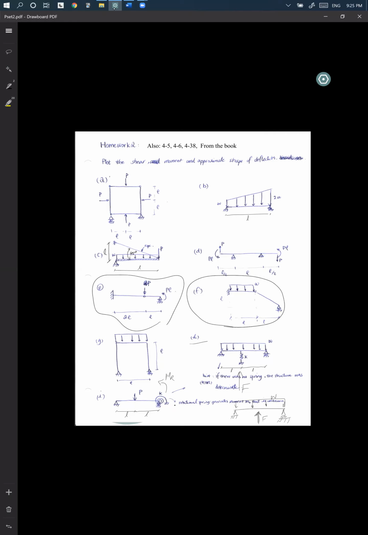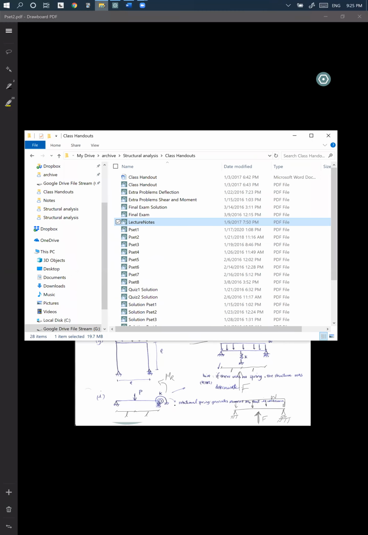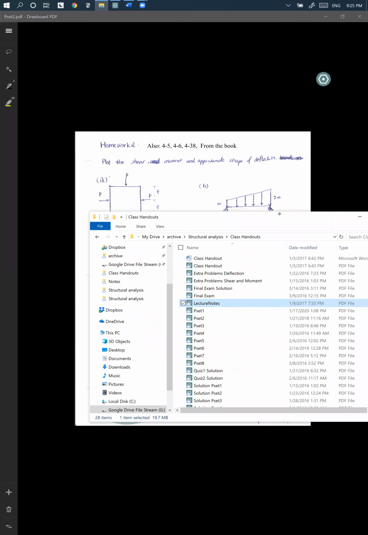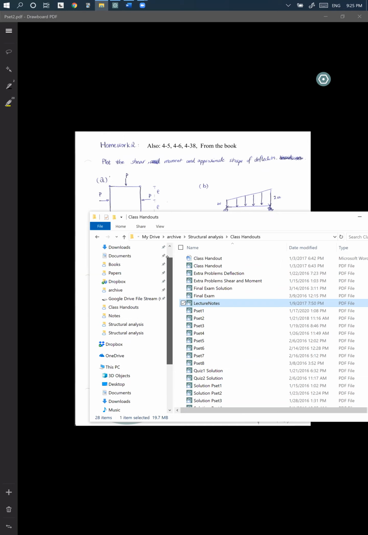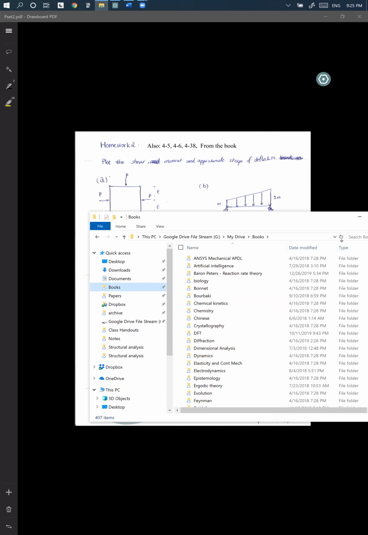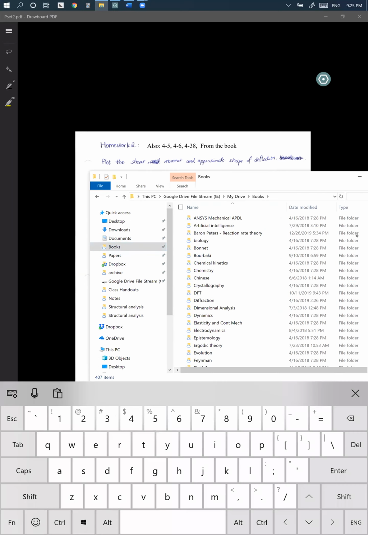All right, one of the book questions, 438. So the thing is, I'm not sure if I have the book problems in front of me. I think I might have a PDF of the book somewhere.